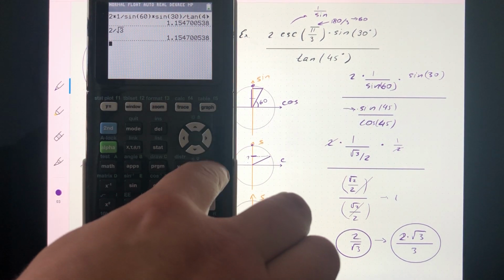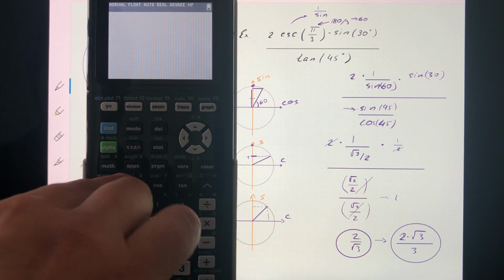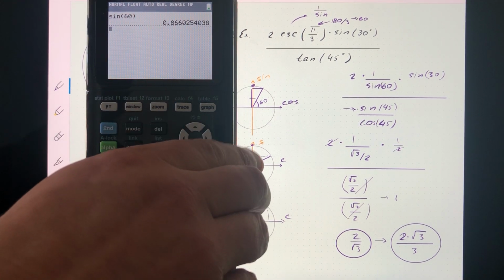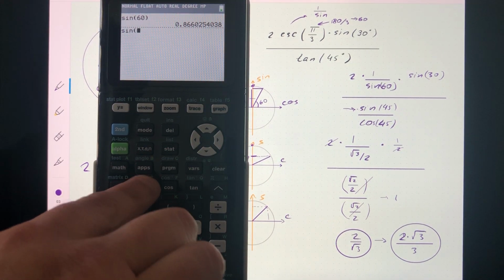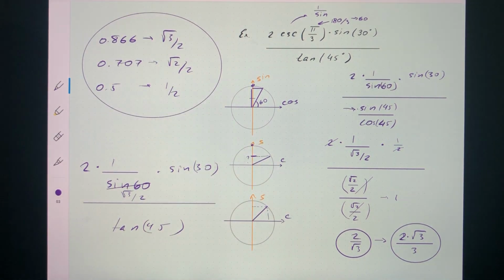So here is sine 60, and for it we get 0.866, and we know that this is the same as square root of 3 over 2. So we replace this with square root of 3 over 2. Then sine of 30, sine 30 happens to be 0.5, and we replace sine of 30 with half.